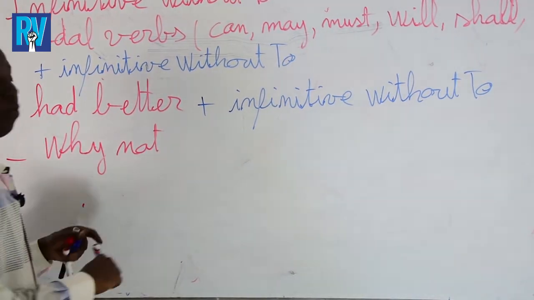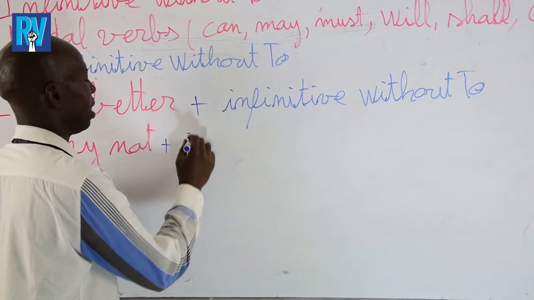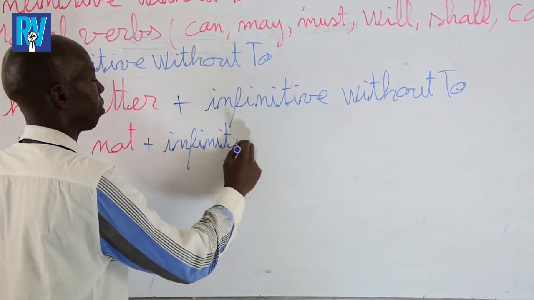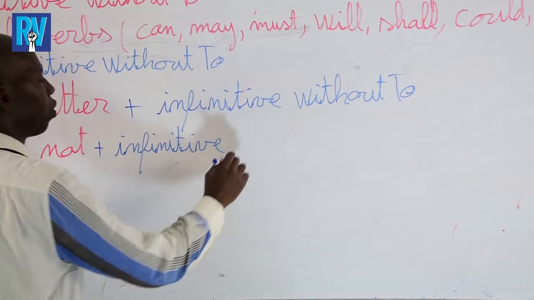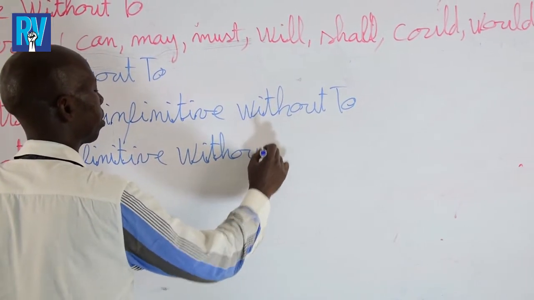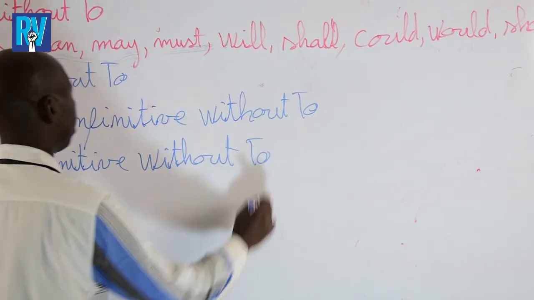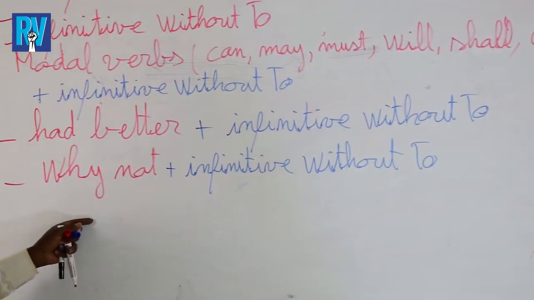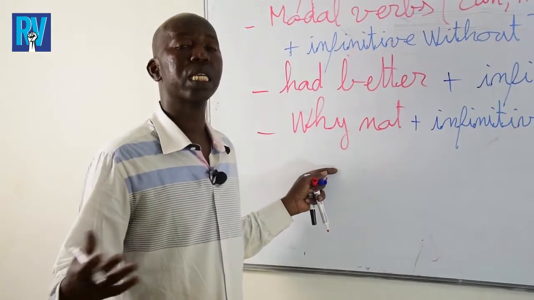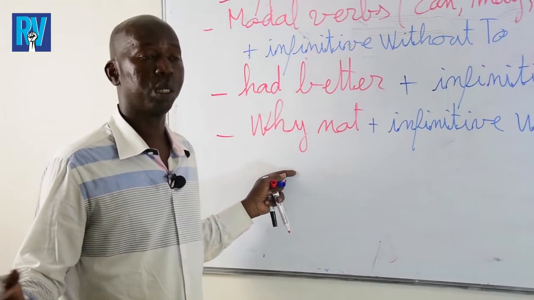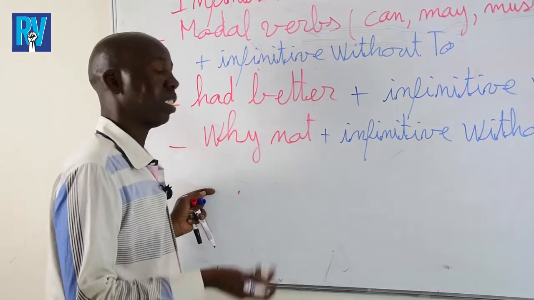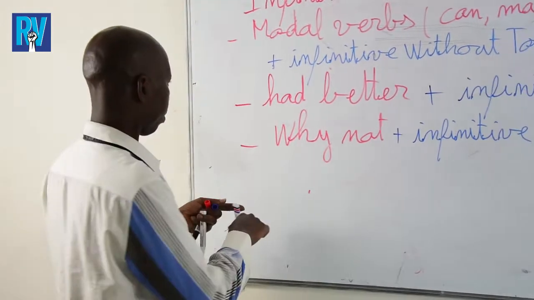So, the following verbs, you will have infinitive without to. Why not take my car? Pourquoi ne pas prendre ma voiture? Quand vous faites une suggestion, donc le verbe qui suit why not s'écrit à l'infinitif sans to.